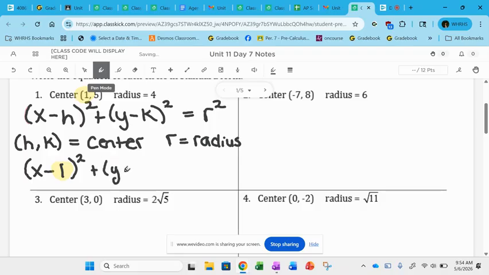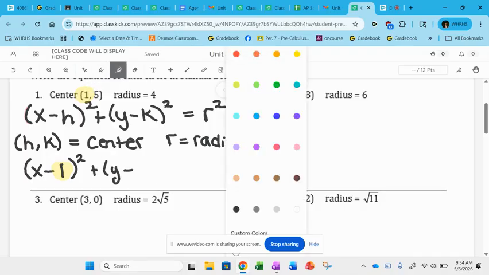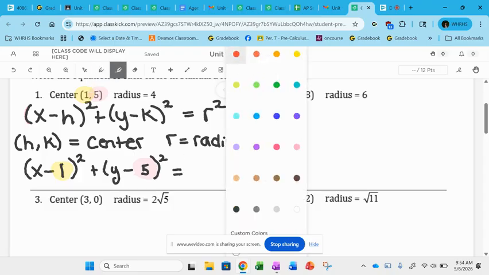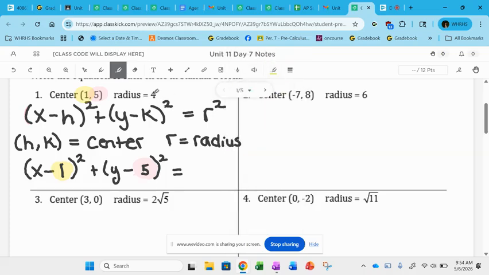plus y minus 5, close your parentheses and square it, equals 4 squared.